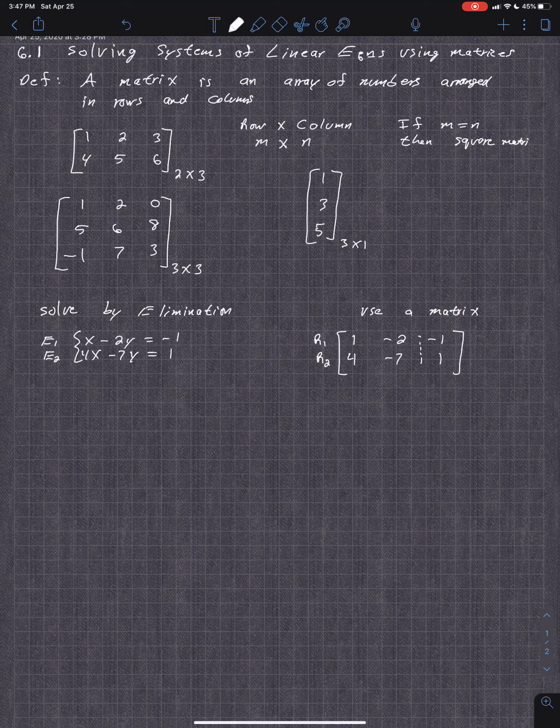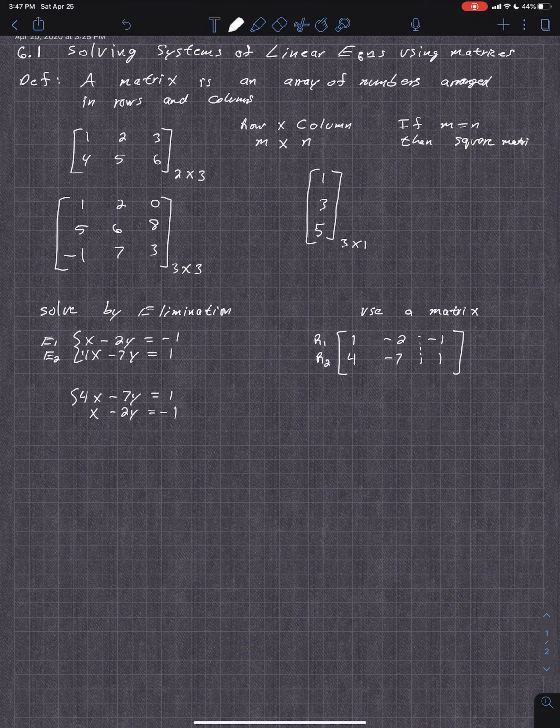So first thing we can do when you're looking at this system is we can interchange the equations, and it isn't going to affect anything. So one thing, and I'm just going to show you the steps we can do and what may or may not work. So we've interchanged those like that. So if we interchange, we get 4x minus 7y equal to 1, and x minus 2y equal to -1.